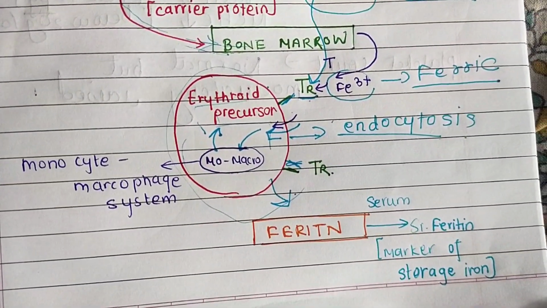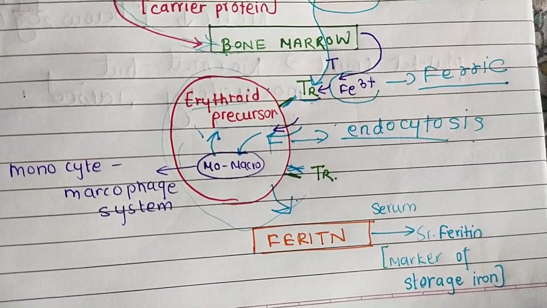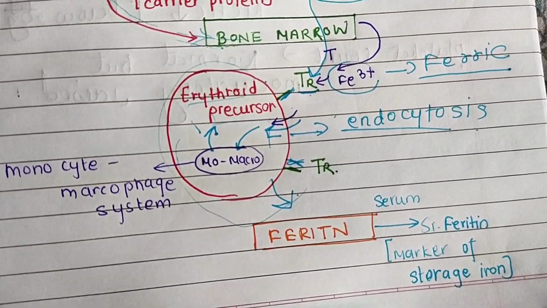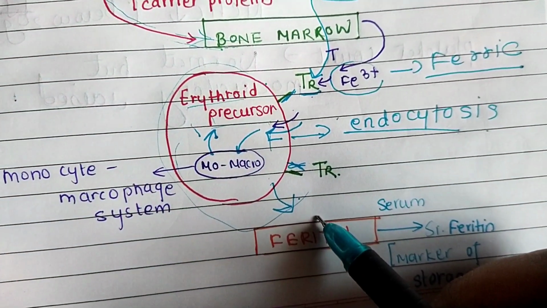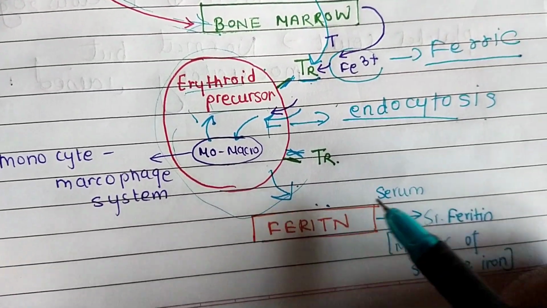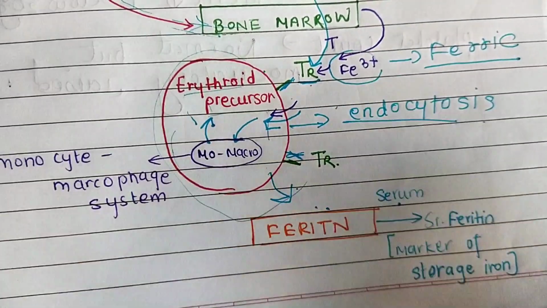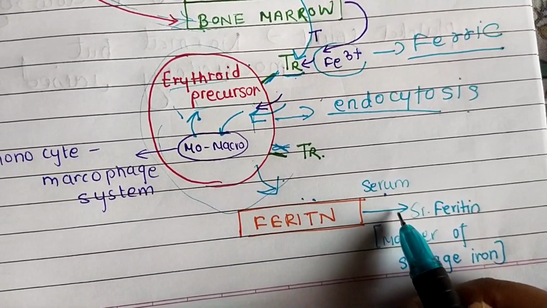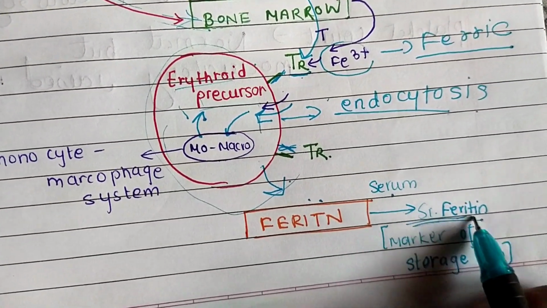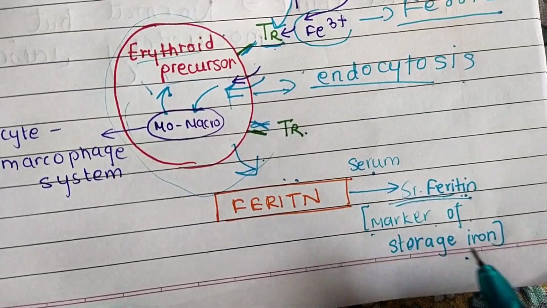It is nothing to do with ferric and ferritin. You people need to understand, so I have given it in a simpler way, that it converts into ferritin, and this ferritin is stored in serum. So whenever there are lab findings, biochemical findings, we see the serum ferritin. This serum ferritin is the marker of storage iron.